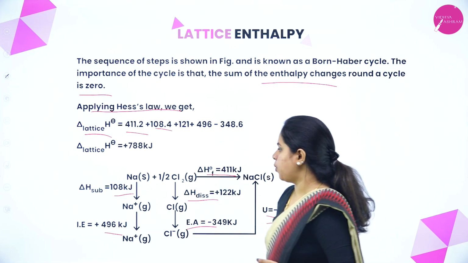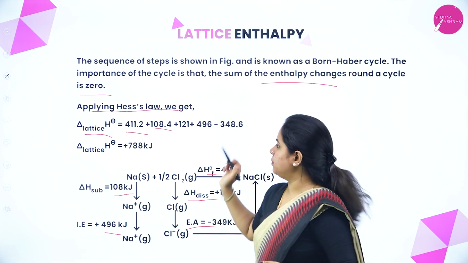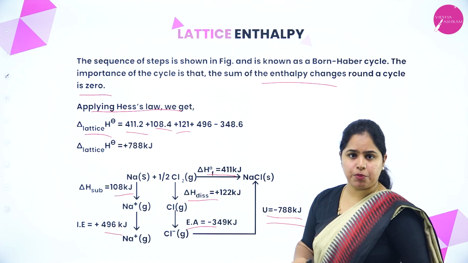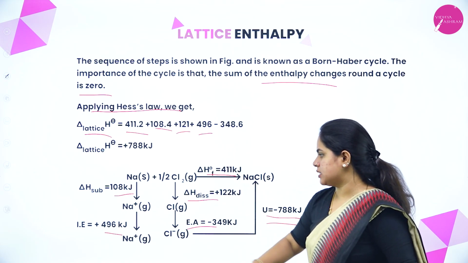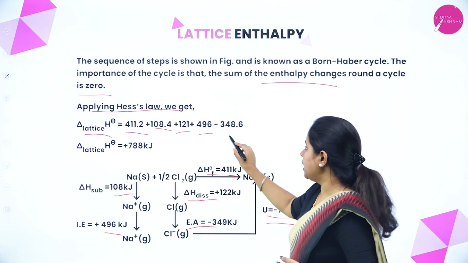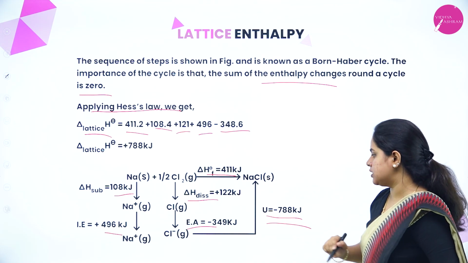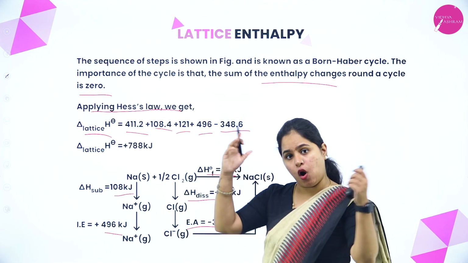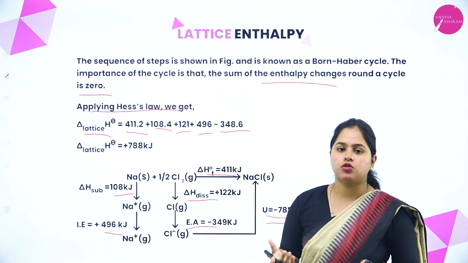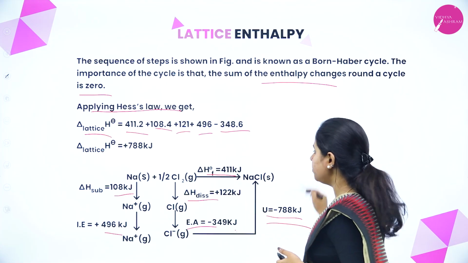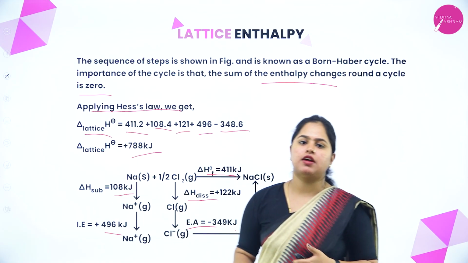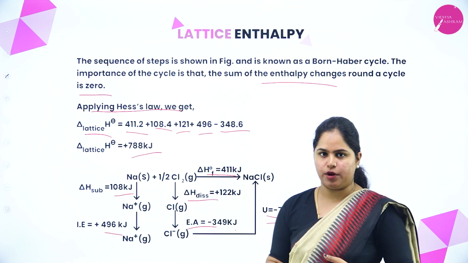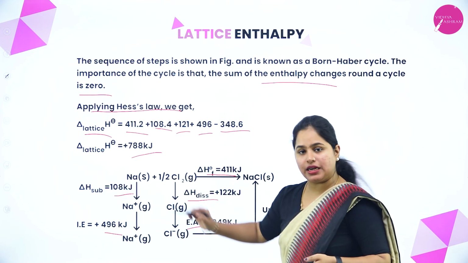Then 108.4 is the enthalpy of sublimation. 121 is the enthalpy of dissociation, 496 is the ionization enthalpy, and minus 348.6 is the electron gain enthalpy. Altogether, if you add all the enthalpies associated with all the steps, you will get the lattice enthalpy, which is plus 788 kilojoule per mole. I hope that is clear for you.